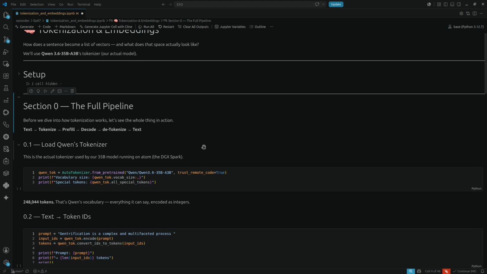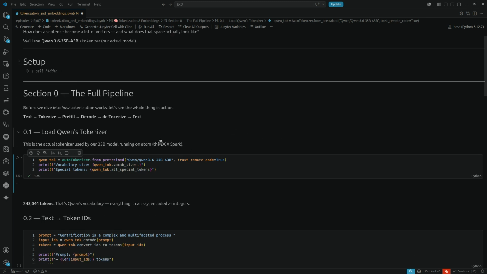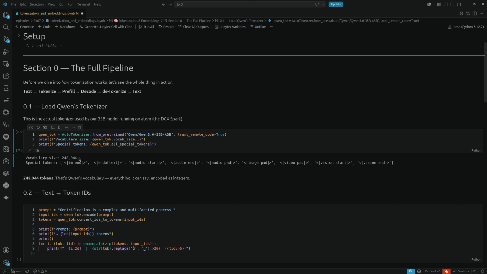The first thing we're going to do is load Qwen's tokenizer. A tokenizer is basically the piece of the model that actually converts text into tokens. So we've loaded that, and we're printing out two things: the vocabulary size and some of the special tokens.